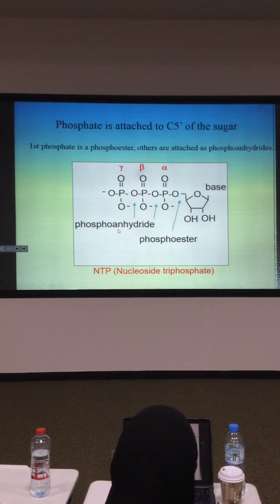So in a nucleoside triphosphate group there are 3 phosphates. The first one, directly connected to the C5 prime carbon, is the phosphoester, and the other two are phosphoanhydride.